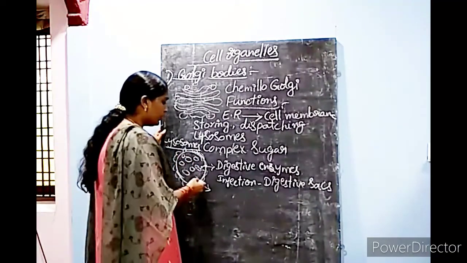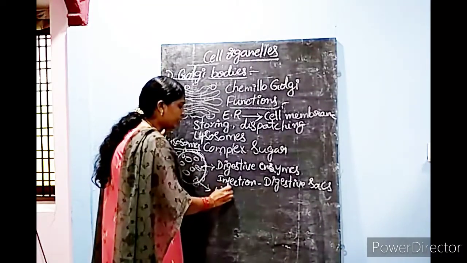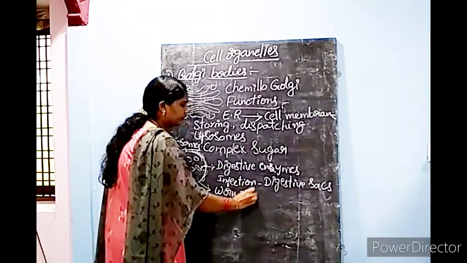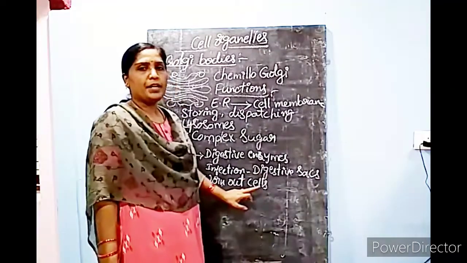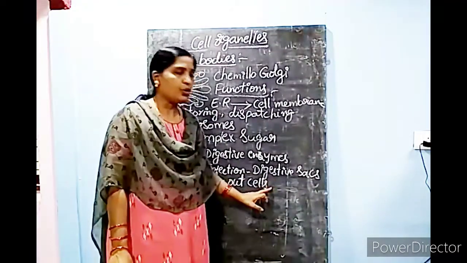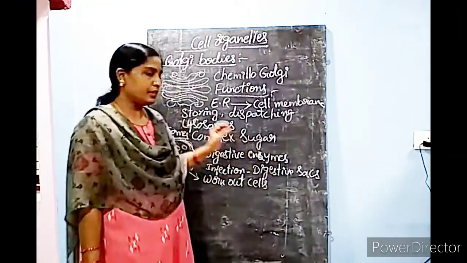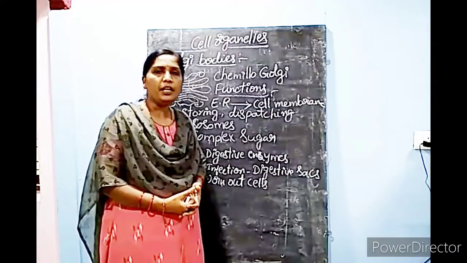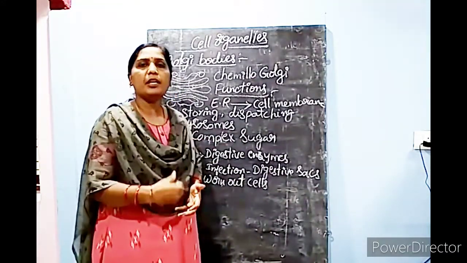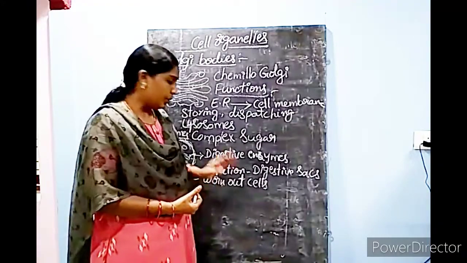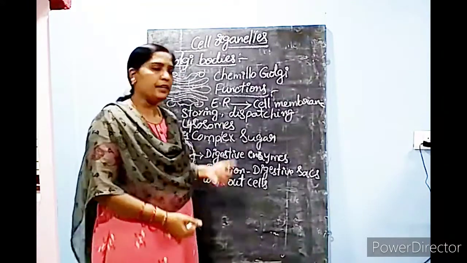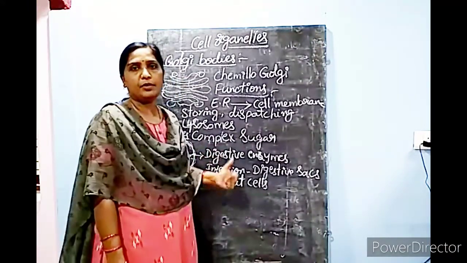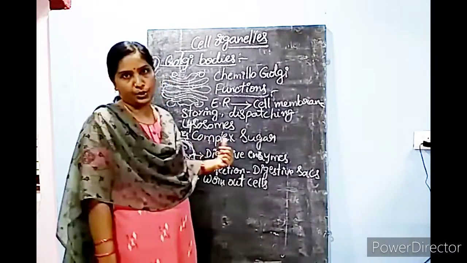So they digest worn out cells and destroyed cell parts. If any cell organelle is not working in that particular cytoplasm or in that particular cell, it can get digested by the digestive enzymes present inside the lysosomes.